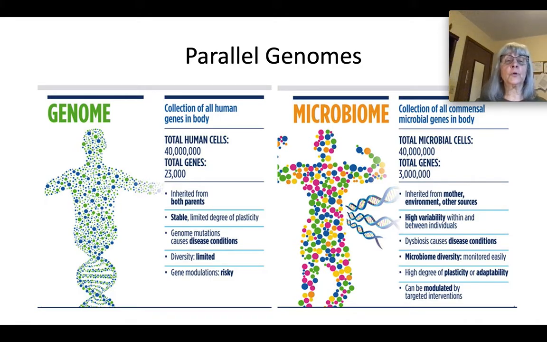With the stability of our genome, it's pretty stable from individual to individual. So we've got 23 pairs of chromosomes, pretty much the same for everyone. With a microbiome, there's a high variability between individuals.